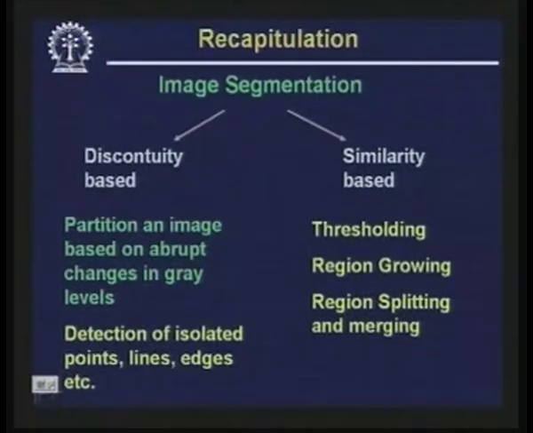The other kind of segmentation technique based on the similarity measure that we have seen is the region growing operation. In region growing, again by some means we try to identify some seed points, and then we try to grow the region from the seed points based on some similarity measure. When you grow the region, you ascertain that a point will be included into a particular region if its intensity is similar to that region, and at the same time the point is also connected to that region.